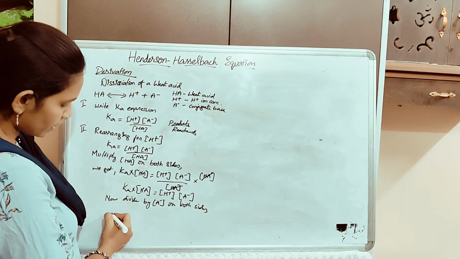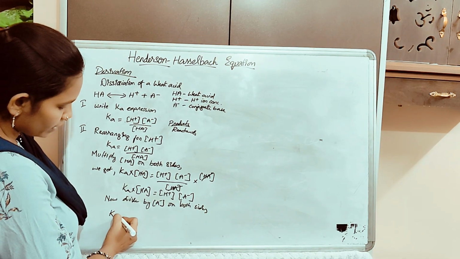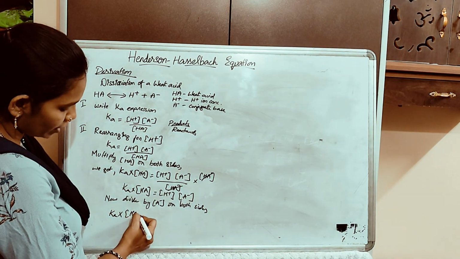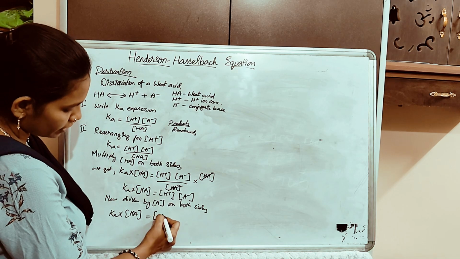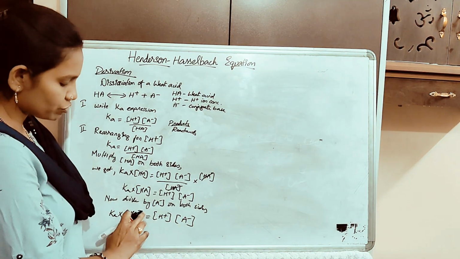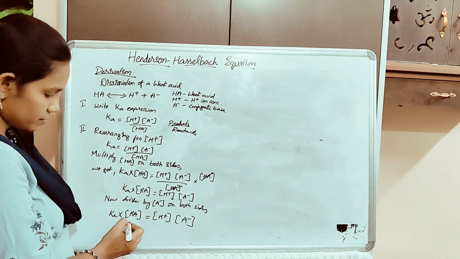So what is the equation we got before? Ka into concentration of HA is equal to concentration of H plus into concentration of A minus. Now we have to divide it by A minus, right?